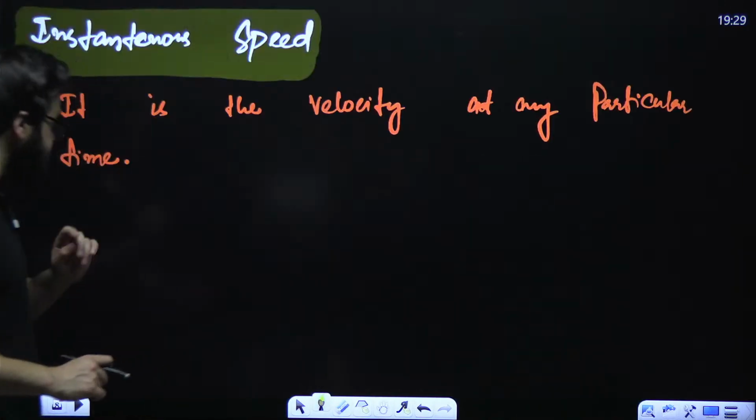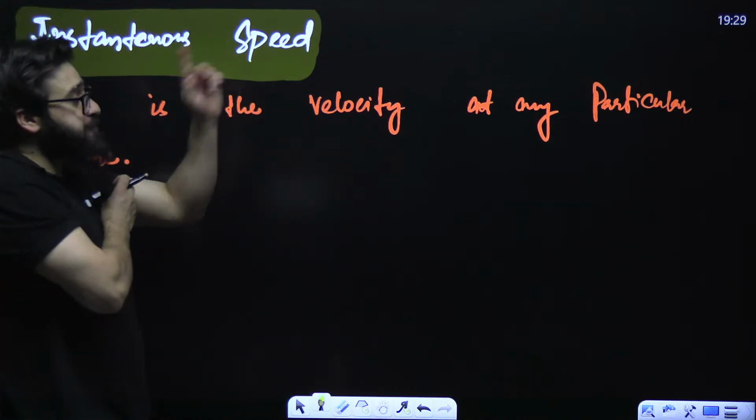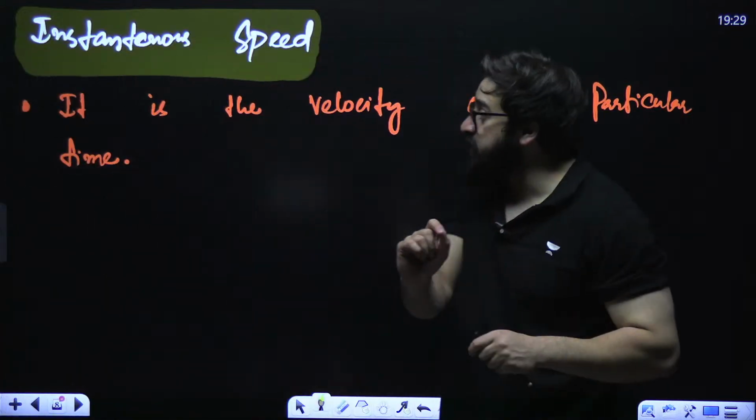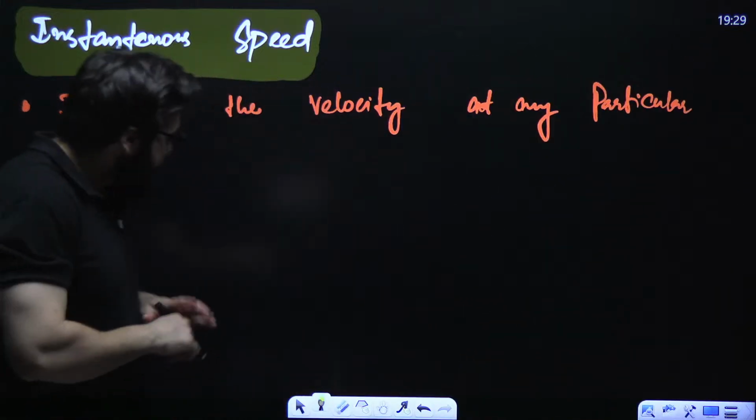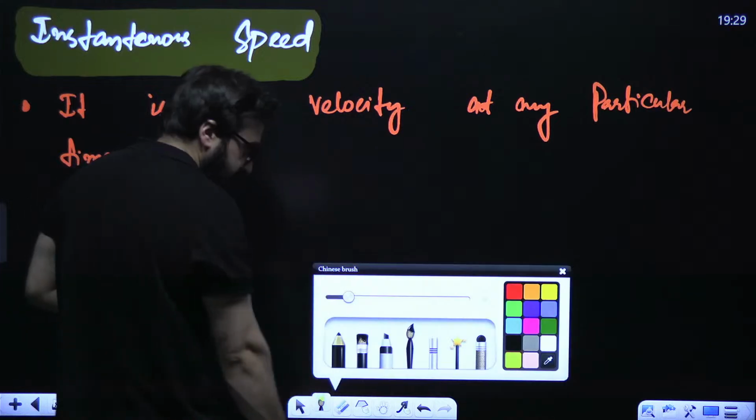Now guys, see. Now there are two types of speed. We have instantaneous speed, and then we have the next one as average speed. Guys, understand one thing very carefully.